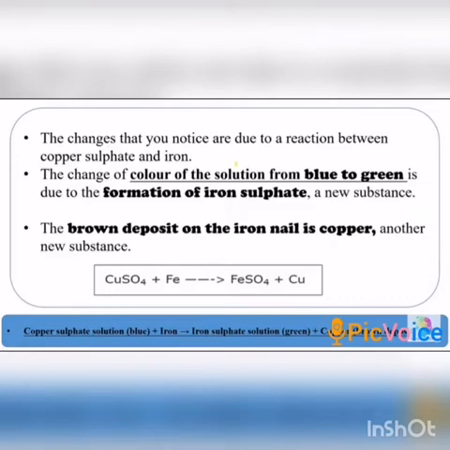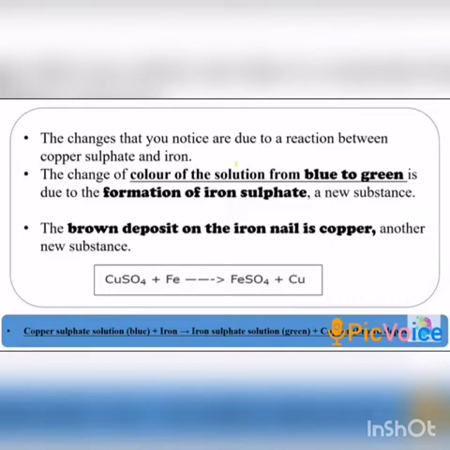We dipped the iron nail in the copper sulfate solution. What is the symbol for iron? Fe. Fe, which gives what products in this reaction, children? Iron sulfate. What is the formula for iron sulfate? FeSO4 plus copper.